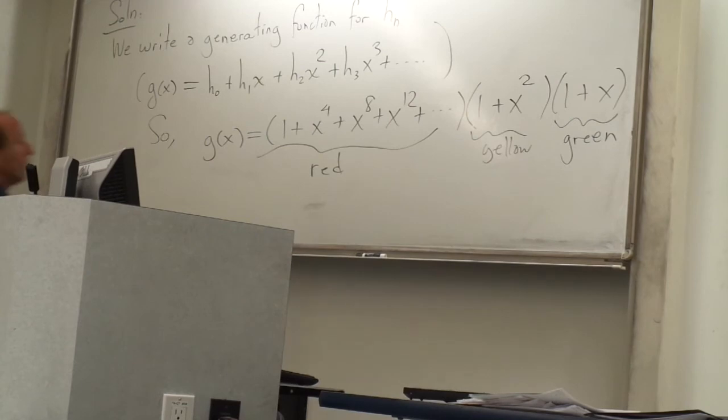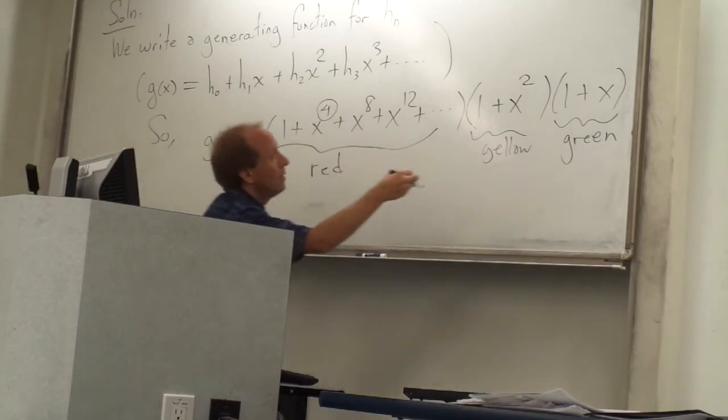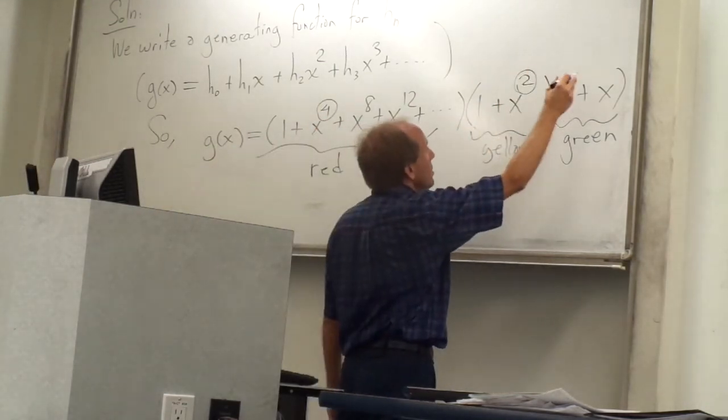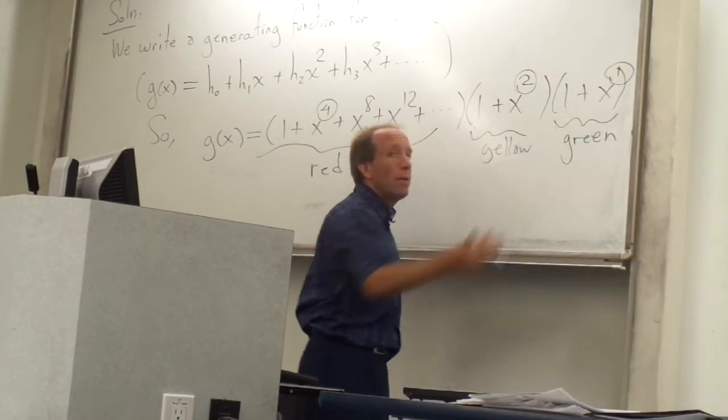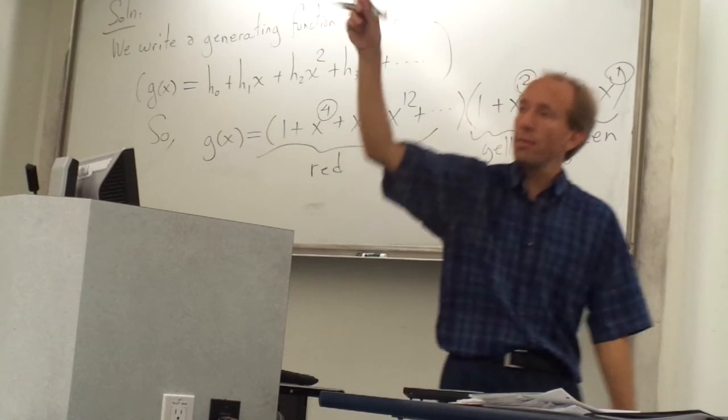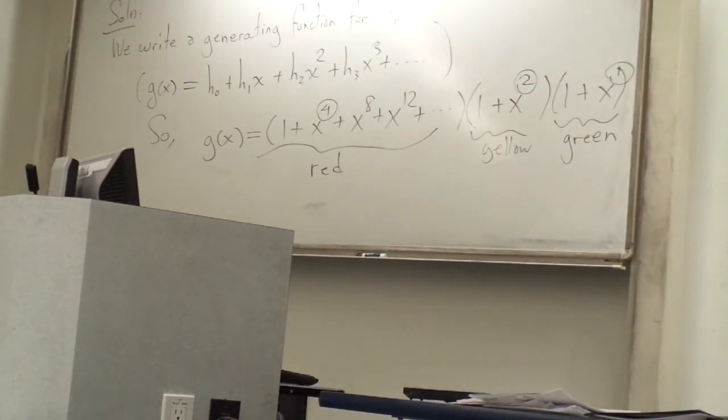So if I want 4 red flags, 2 yellow flags, and 1 green flag, that would be like picking the x to the 4th, the x squared, and the x. That would be a total of 7 flags, and that would be one way to get x to the 7th out of that.